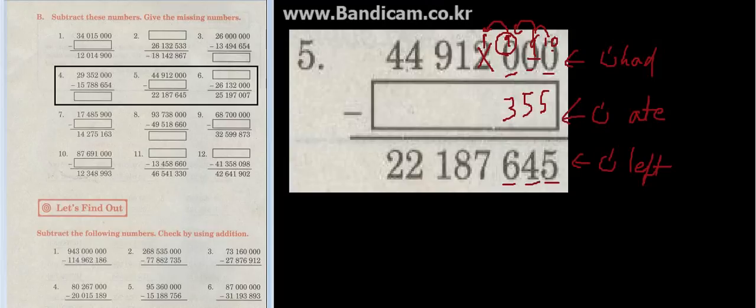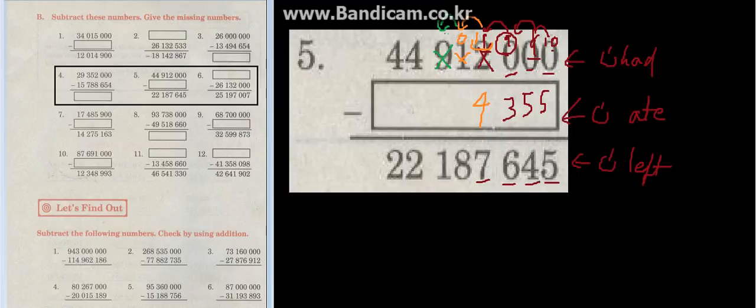And this is 1 minus 7, impossible. So we should borrow once again. So this 1 becomes 0 and becomes 10. So this 11 minus 7 becomes 4. And as it is impossible to subtract 8 from 0, let's borrow once again.